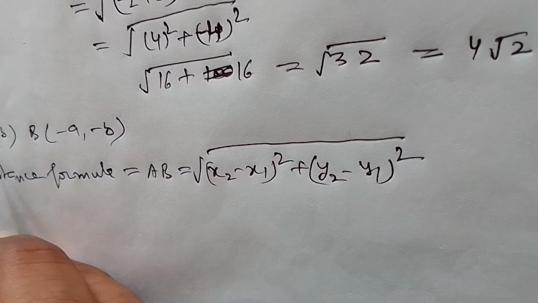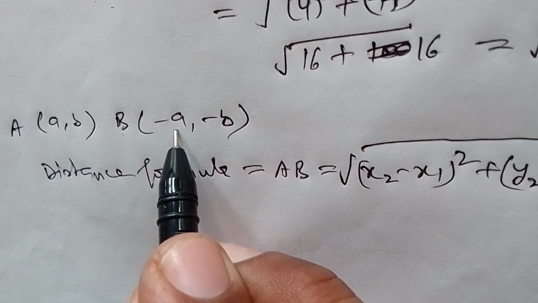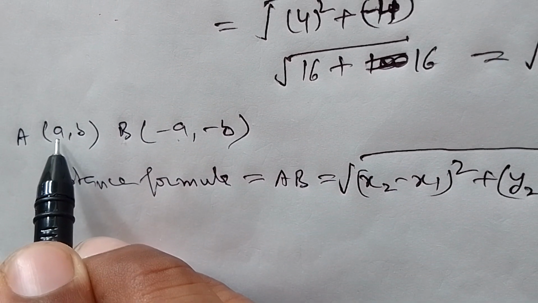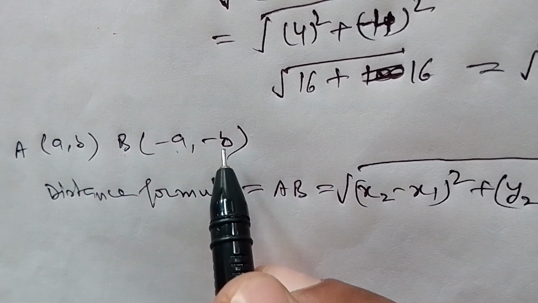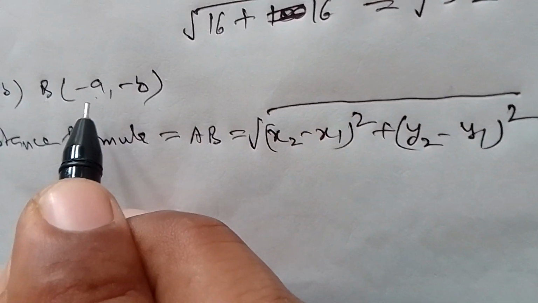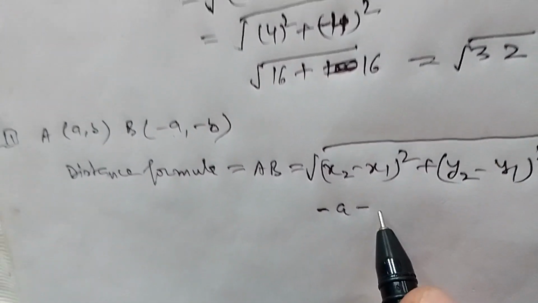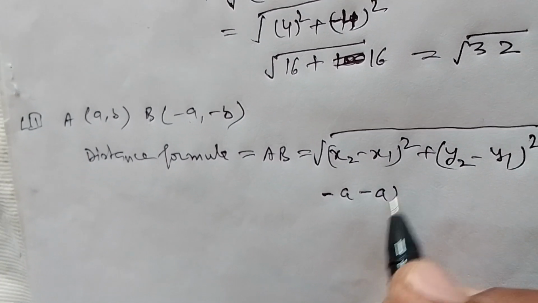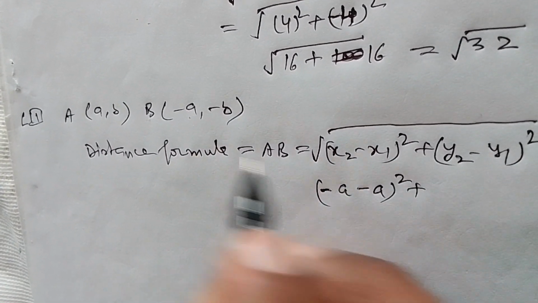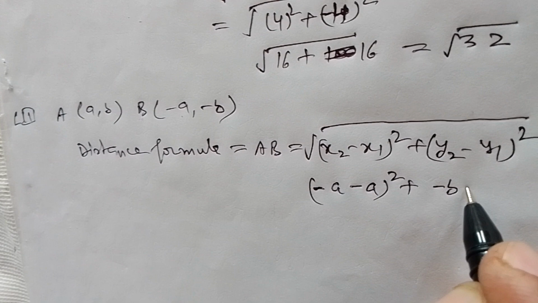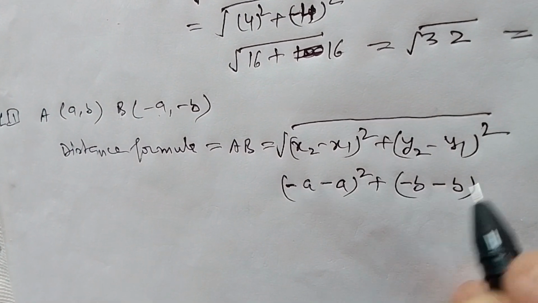So here x1, y1, x2, y2: x2 is minus a, squared, plus minus b, squared.